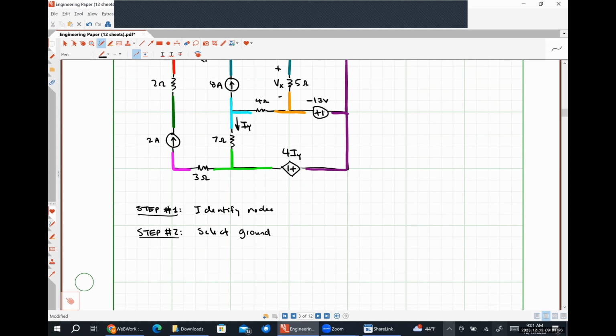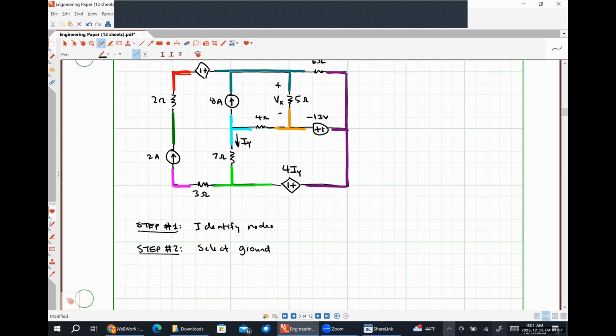If I have multiple voltage sources present, I typically choose my ground node at the node that touches the most voltage sources. The reason is so that I just get to use a bunch of voltage relationship equations and I don't have to write a bunch of KCL equations for those supernodes. So it makes the equations that I have to write easier and smaller, okay?